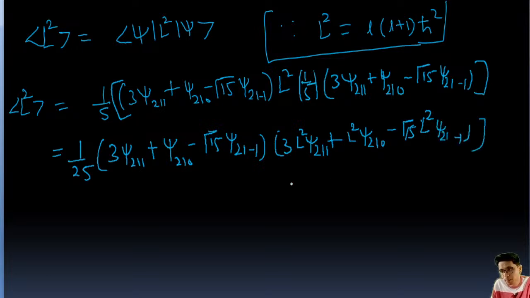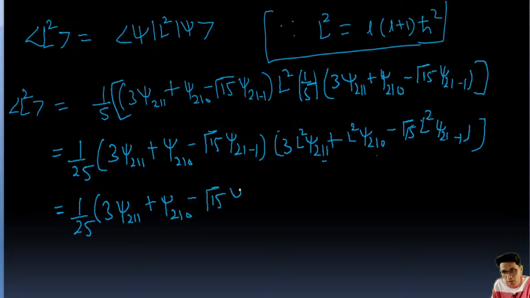Okay, so here we know how to operate L square on psi 211: it is going to be L into L plus 1 h cut square, where the value of L is 1. Similarly here also the value is 1, here also the value is 1. So this is going to be 1 upon 25 times 3 psi 211 plus psi 210 minus root 15 psi 21 minus 1.